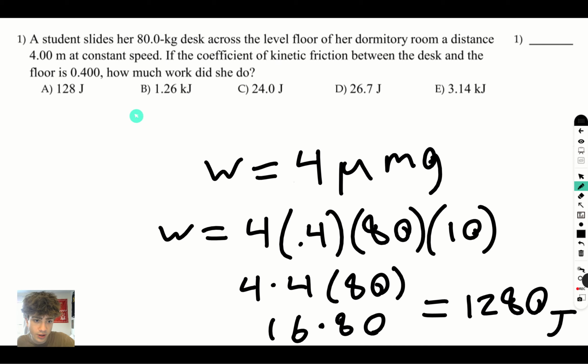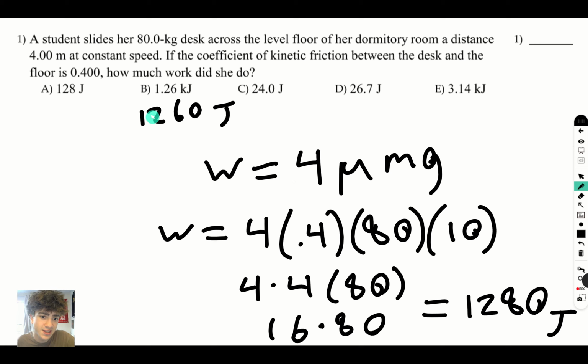And if we take a look over here, the closest answer we're going to find is B, 1.26 kilojoules, which we know that 1 kilojoule is equal to 1,000 joules. So 1.26 kilojoules will be 1,260 joules.